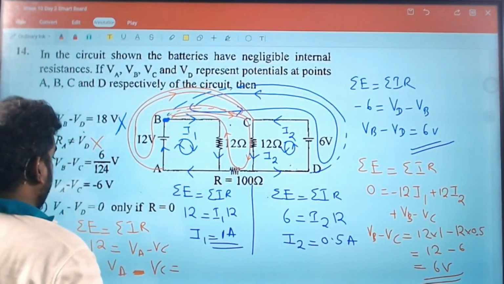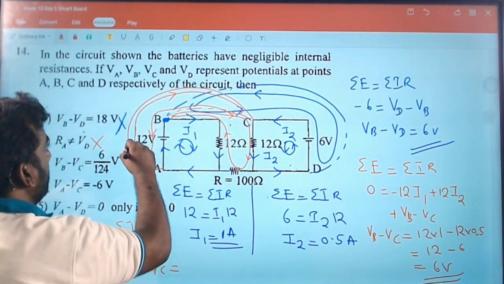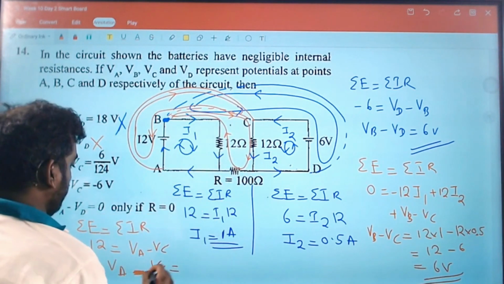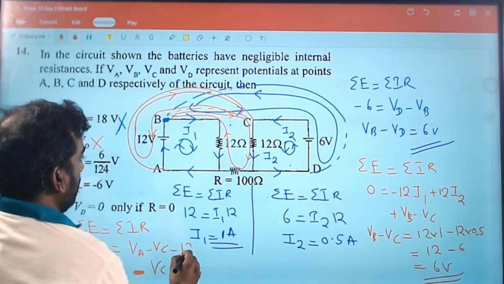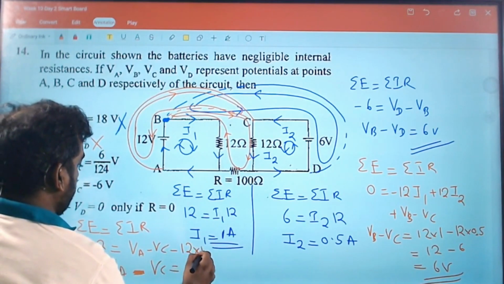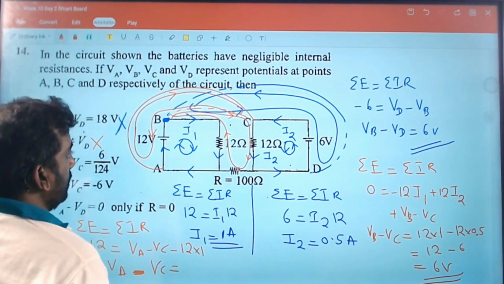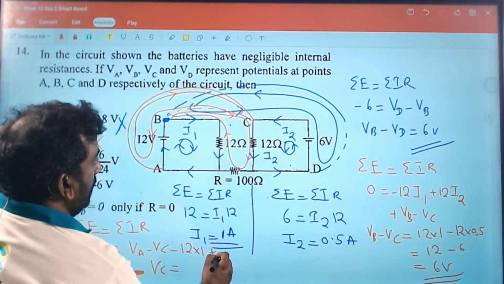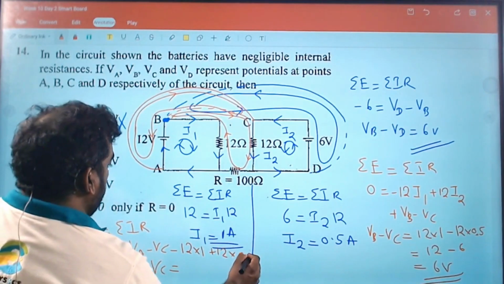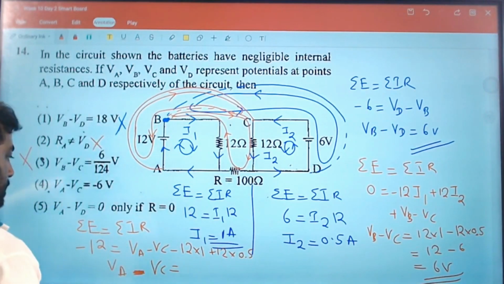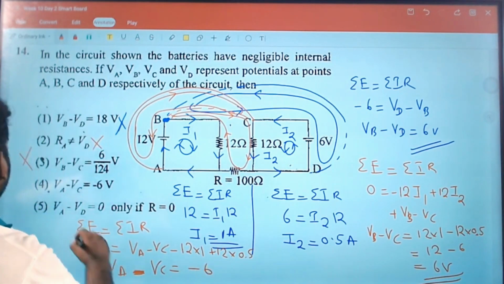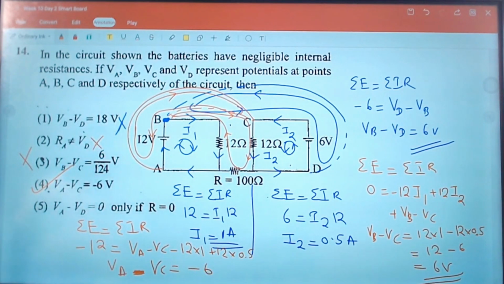Next, twelve times I1, twelve times I2. Minus 12 cancel off, minus 6. Correct. Fourth one is correct.